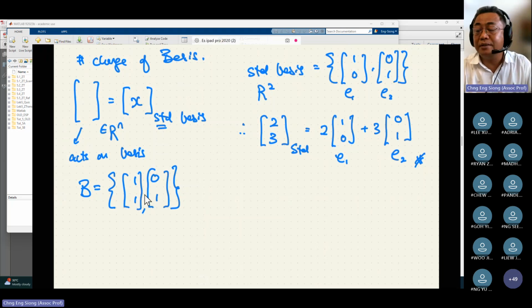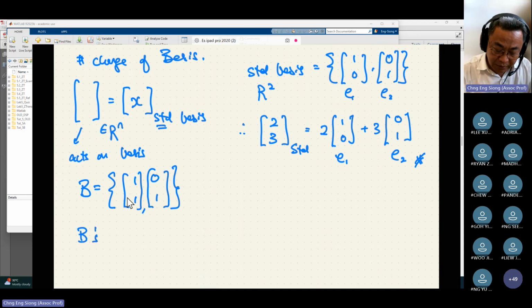Anything wrong with this basis, guys? First, my question to you is, does B span R2? True or false? B's basis spans R2. True or false?